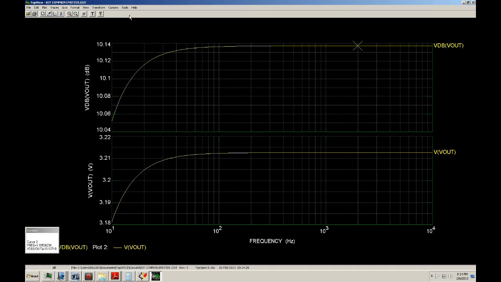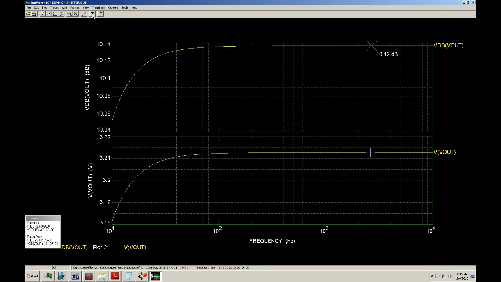So you can label this 10.13 dB. But then right here, this is volts. See? That's volts. And the gain is, basically you put 1 volt in, and you're going to have 3.21. See? 3.21.